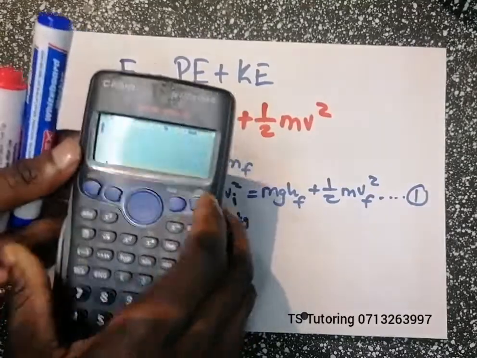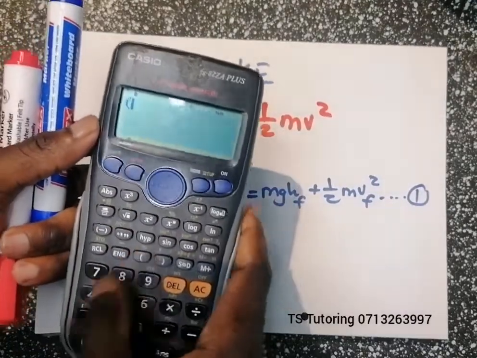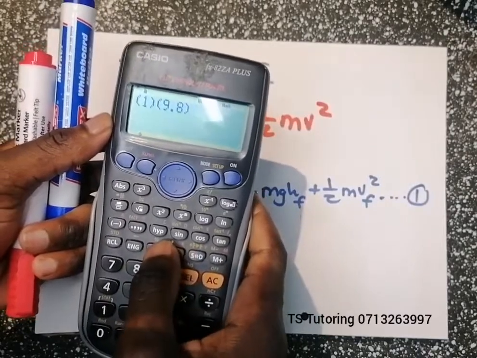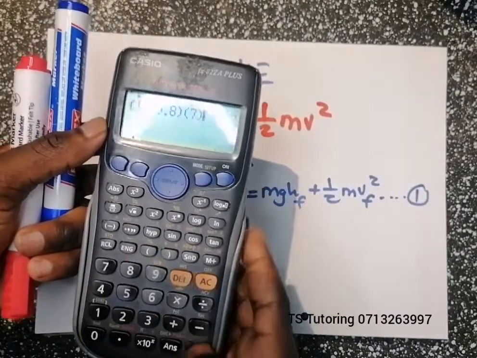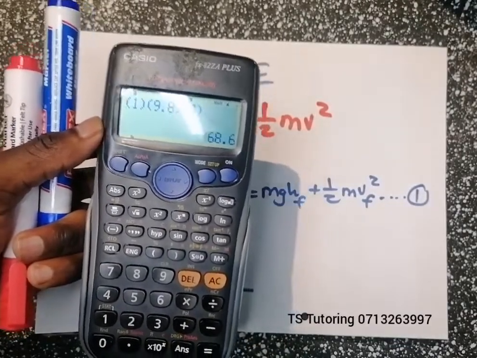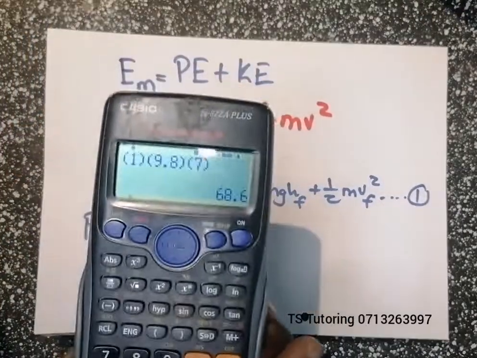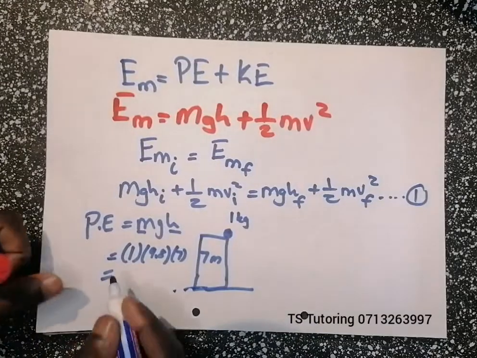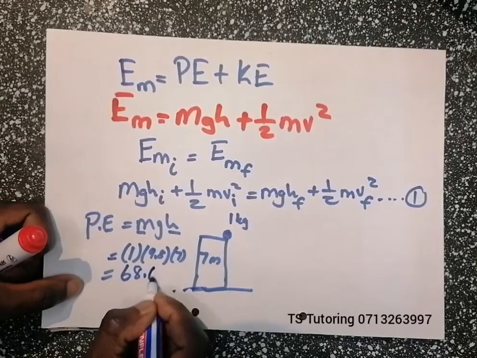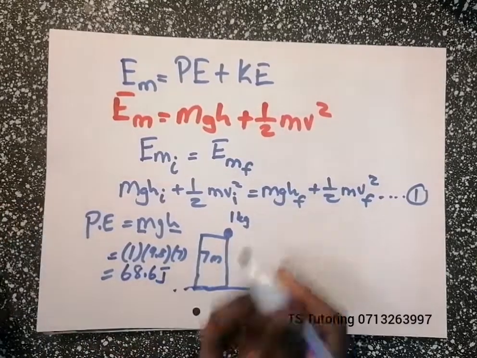If we plug it into our calculator, the potential energy that we get is 68,6 joules. Remember, energy must always be in joules. So we get 68,6 joules of potential energy.